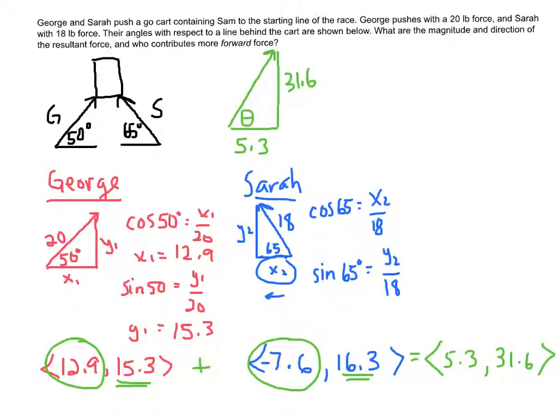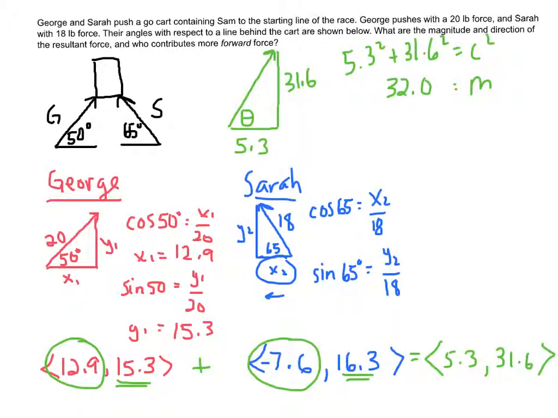For the magnitude, I'm going to use the Pythagorean theorem: 5.3 squared plus 31.6 squared equals c squared. So let me type that in. I've been using m for magnitude in my other examples, so I'll be consistent here. For the magnitude, I get 32.0 pounds of force.